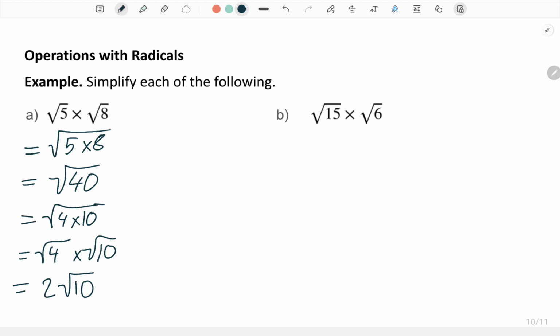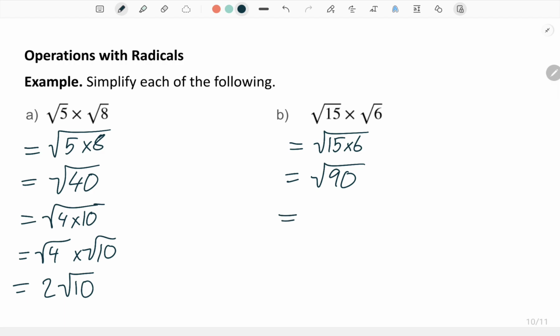So that's the idea here. Combine, simplify. Try these out first yourself, by pausing the video, and I'll keep going through this. So root 15 times root 6. Again, combine them together. So you get root 90. Then what multiplies together to give you 90?